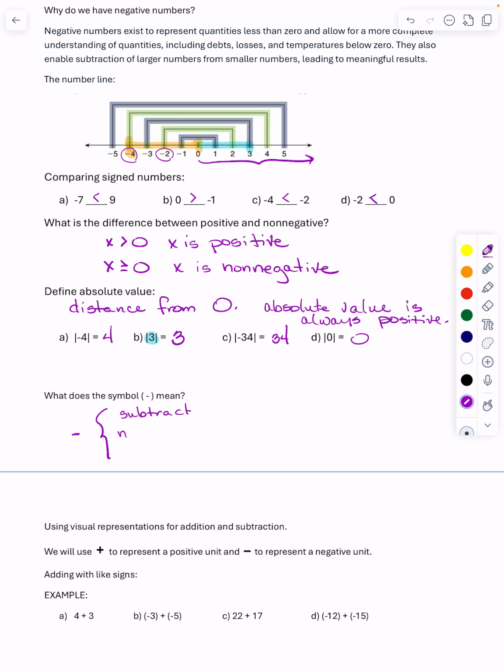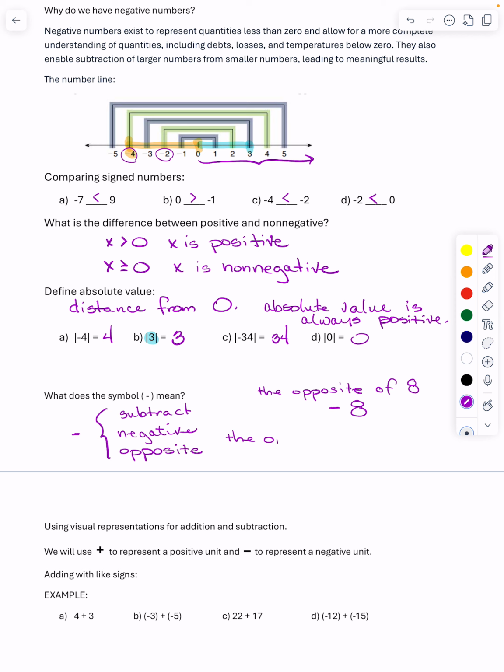It means negative. It also means opposite. As in the opposite of 8, we're going to write the opposite of 8. That's negative 8.